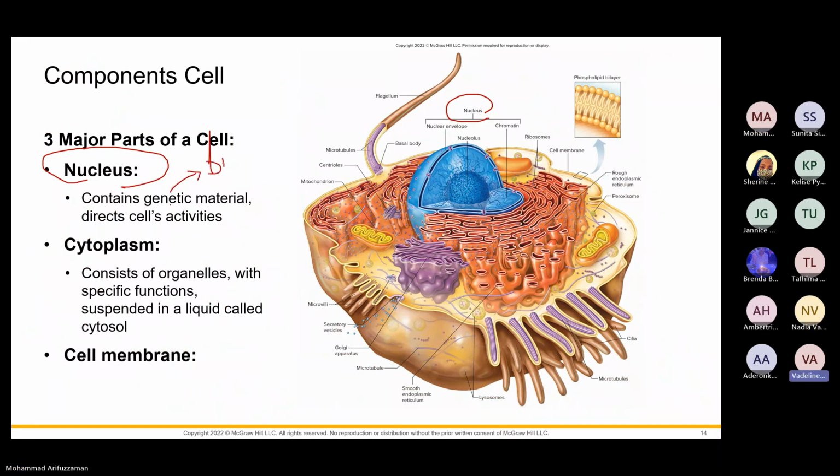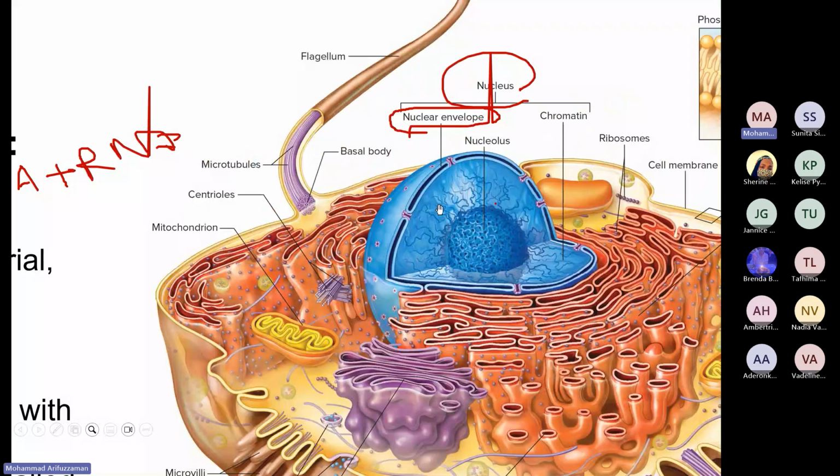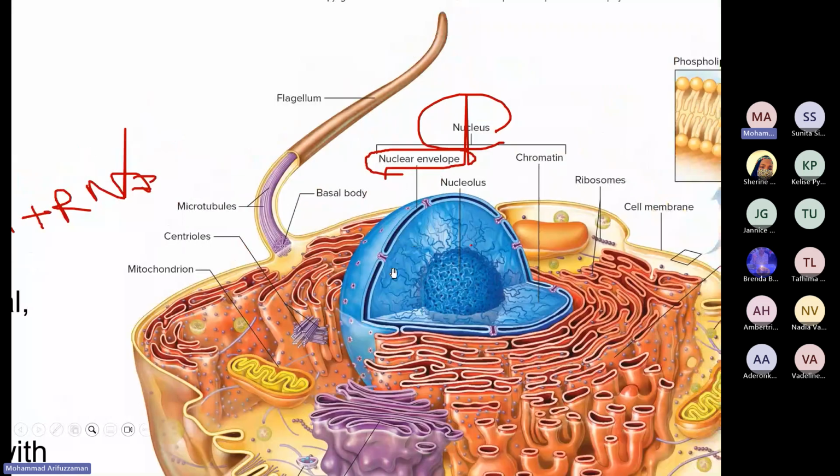DNA and RNA. So the genetic materials are surrounded by a nuclear envelope, which is the covering. This nuclear envelope separates the nucleus from the cytoplasm. This is the cytoplasm and this is the nucleus.